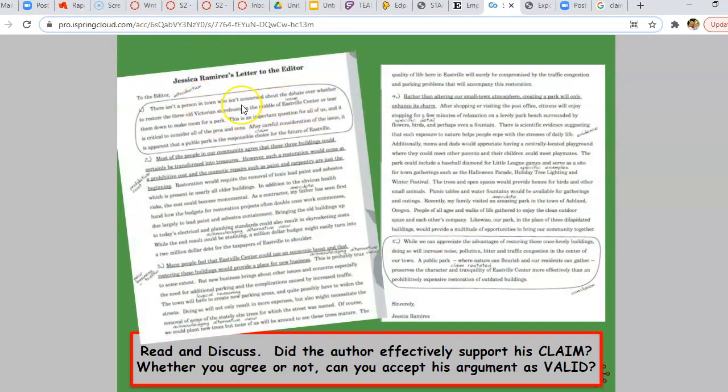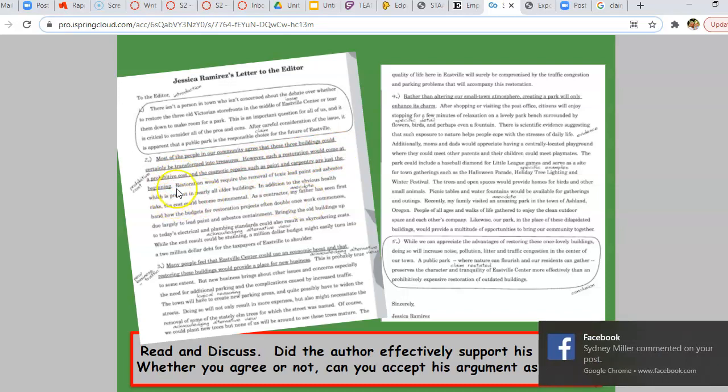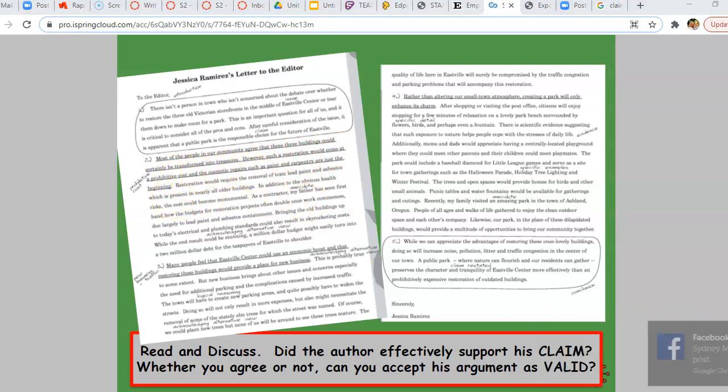When we look at Jessica Ramirez's letter, and I'm not going to read through the whole thing, but we can see that she says it would be a prohibitive cost to keep these. It would cost too much money to keep these. She also says it would create traffic, and she gives some specific details about how a park would help.